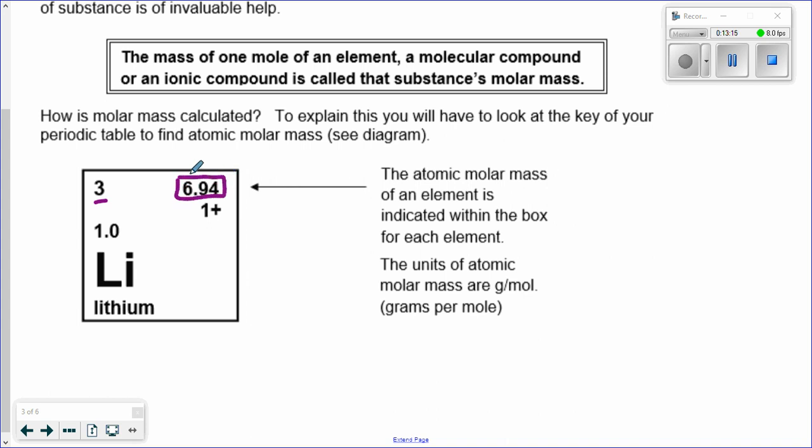You see on our periodic table, it says 6.94 underneath the word lithium. And it does show our ion species and everything. So the atomic molar mass of an element is indicated within the box for each element. So again, your units are grams per mole for that.